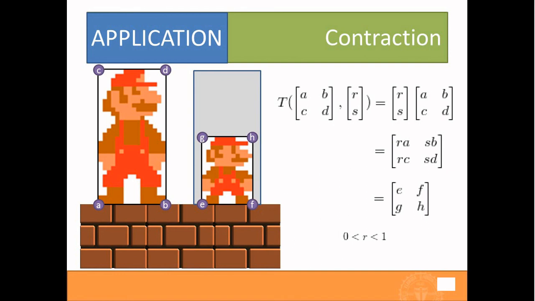So we perform the following transformation of matrix A, B, C, D and vector (r, s) to result in a matrix rA, sB, rC, and sD, which can be notated as matrix E, F, G, H. Notice how matrix ABCD is transformed to matrix EFGH using the concept of contraction, only this time r and s are both greater than 0 but less than 1.